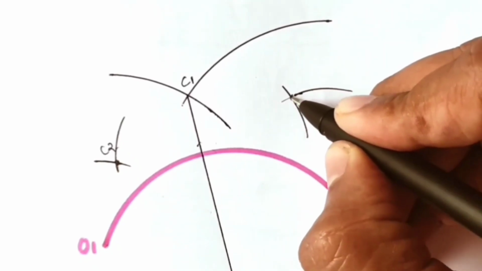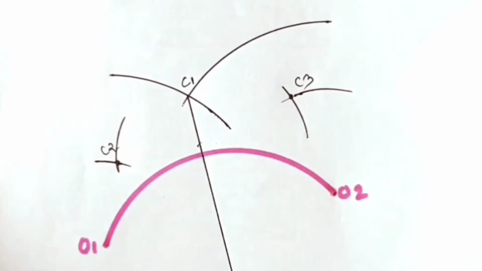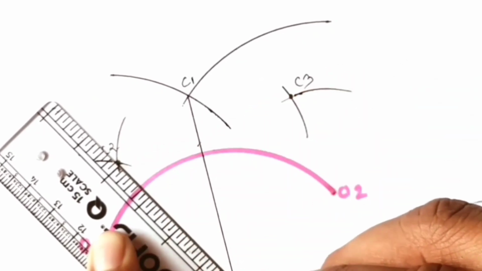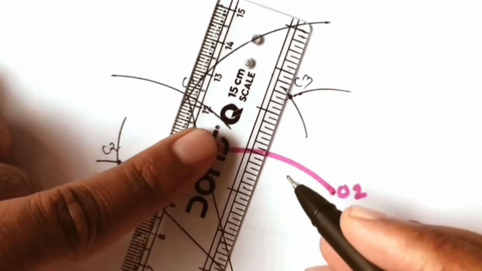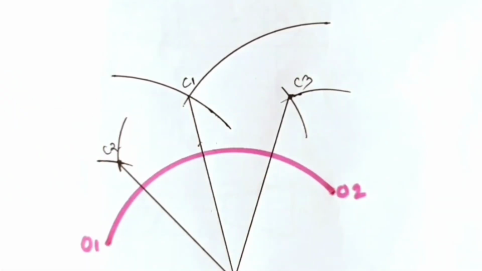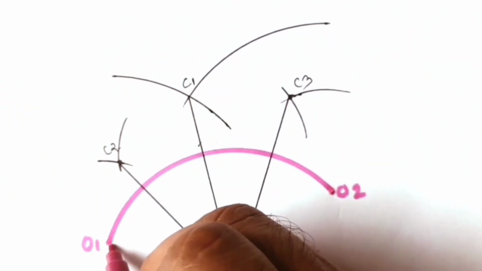Now join point C2 with point O and join point C3 with point O. This way, a given arc O1O2 will divide into 4 equal parts.